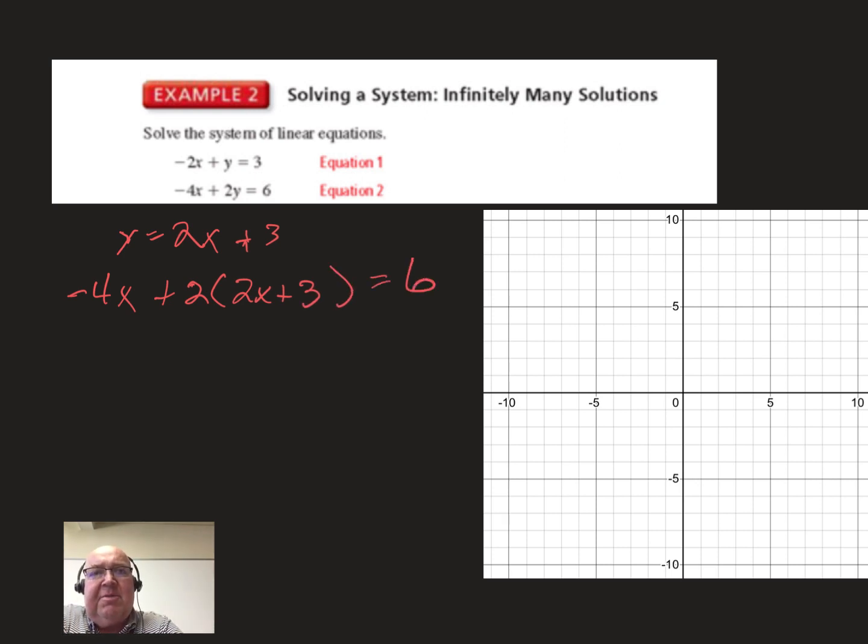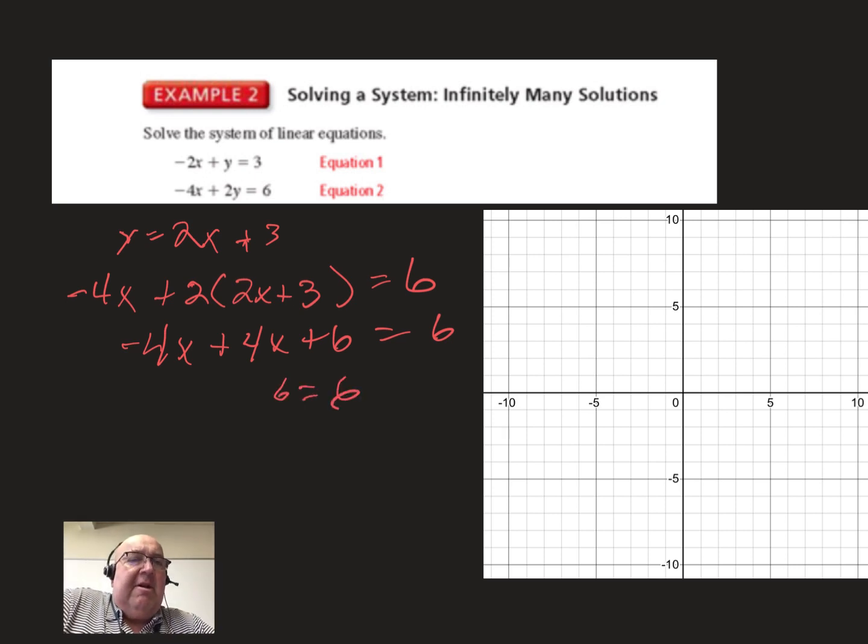I'm going to distribute the 2. I get negative 4x plus 4x plus 6 is equal to 6. My x values cancel and I'm left with 6 equals 6. That is a true statement. 6 does equal 6. So that tells me that there are many solutions when that happens.